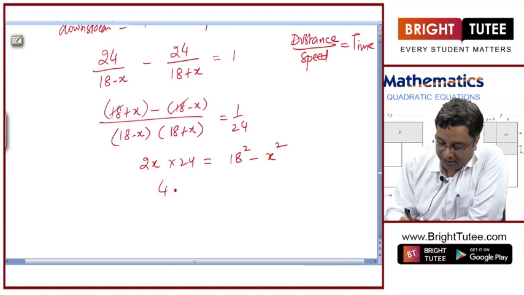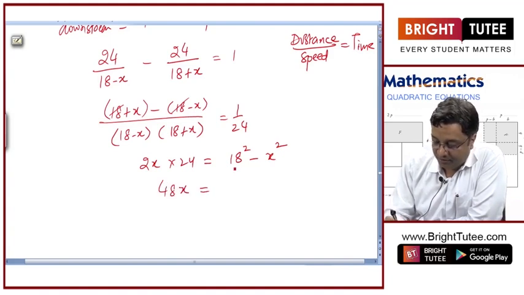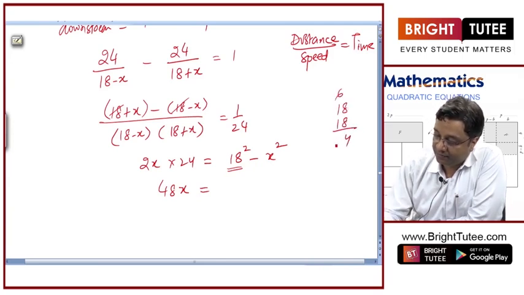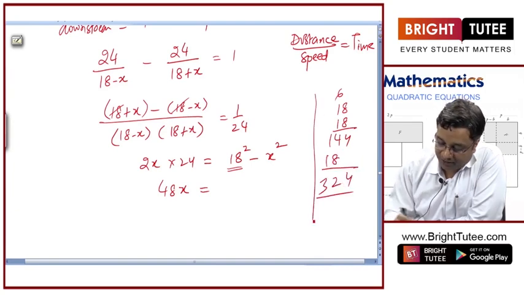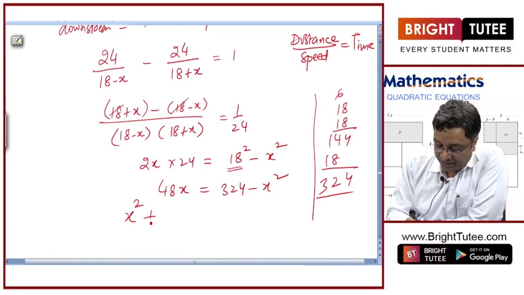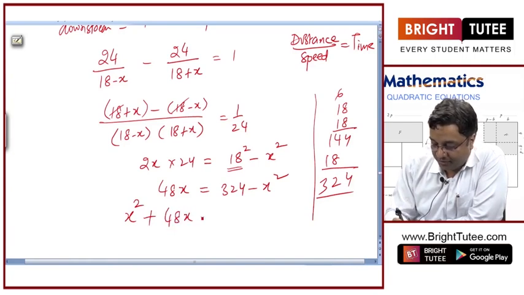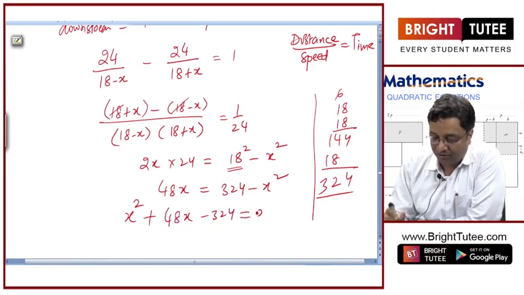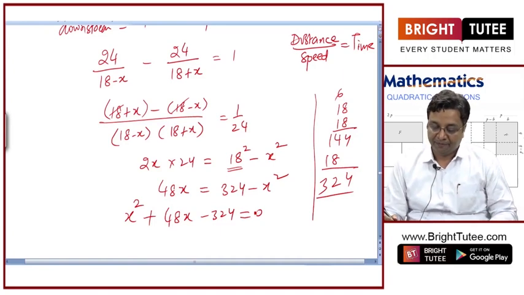So this is 48x, equal to 18 square, which is 324, so it is 324 minus x square. So the quadratic equation here is x square plus 48x minus 324 equals 0, right?